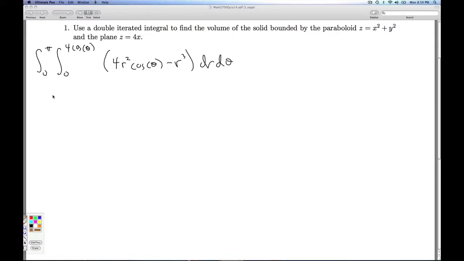Okay, so we're going to evaluate the integral from the inside out. Integrate this with respect to r: 4/3 r cubed cosine theta minus 1/4 r to the 4th. And this is being evaluated from r equals 0 to r equals 4 cosine theta.